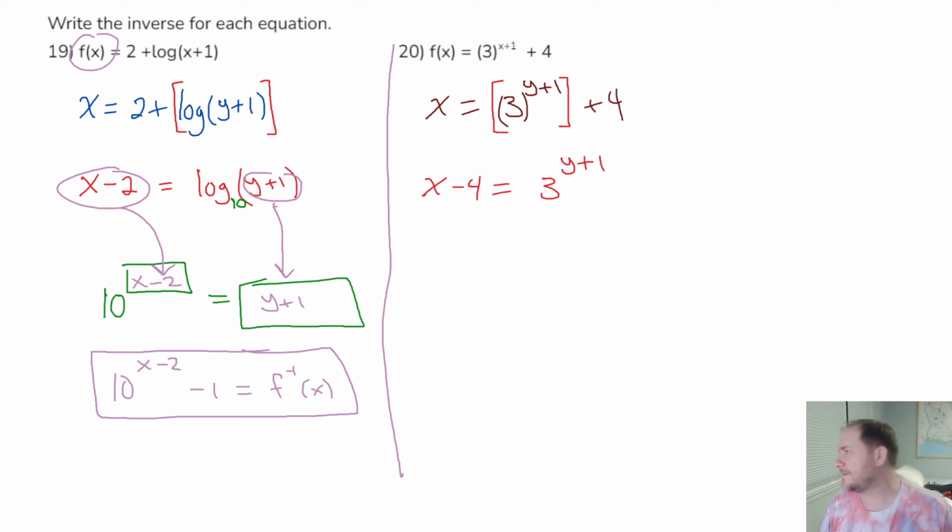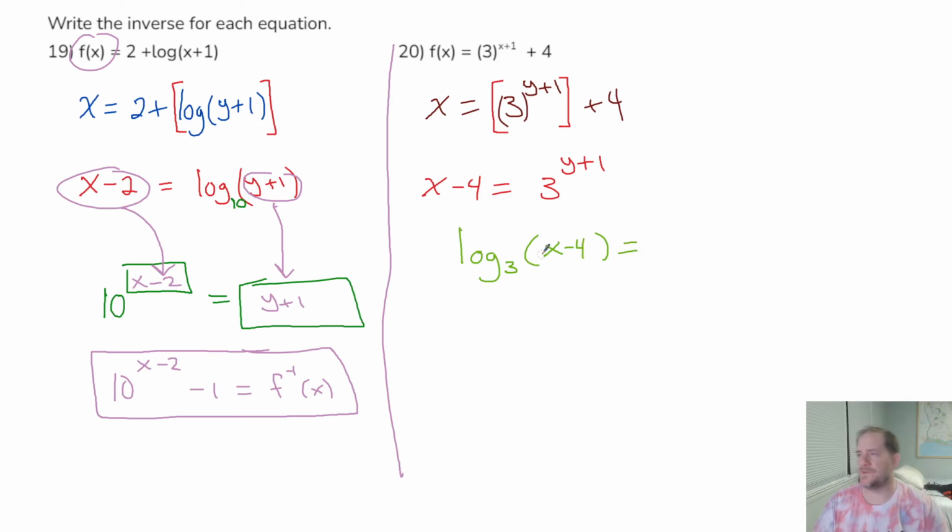And again, the only way to get y out of the exponent is to kind of convert from here to logarithmic notation. And again, our log will always have the same base as our exponential. So we'll put a 3 down there. Then we are taking the log of whatever this exponential equaled, so the x minus 4.